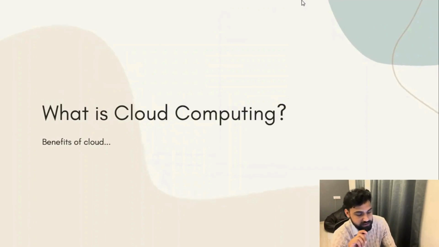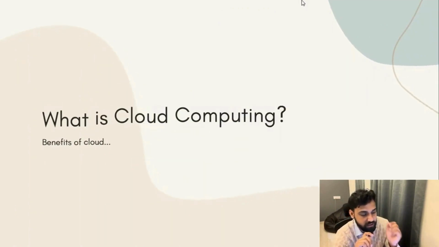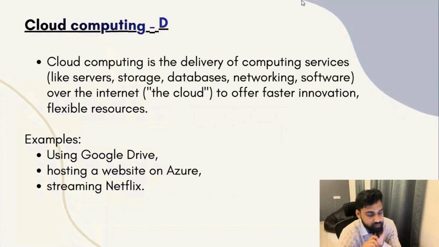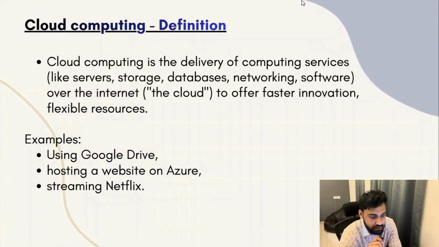So what is cloud computing? Let's understand the definition. Cloud computing is the delivery of computing services like servers, storage, databases, networking, and software over the internet, the cloud, to offer faster innovation and flexible resources.